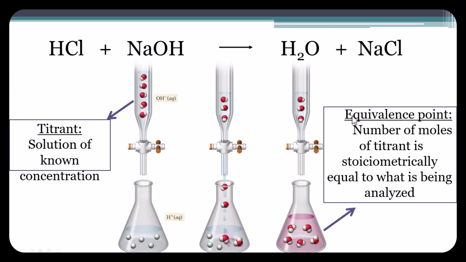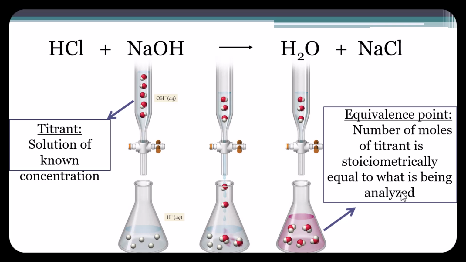Okay. So the equivalence point is a moment when the number of moles of our titrant, well, what was our titrant? It was whatever was in the burette. So the number of moles of titrant is stoichiometrically equal to what is being analyzed. That term stoichiometrically equal sounds super fancy.